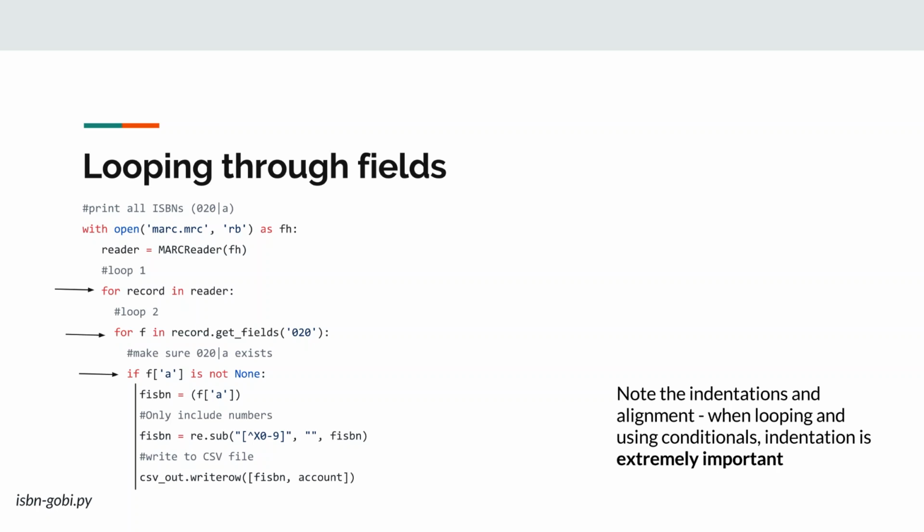So in this scenario, you're opening the file and you're storing that open file as F, FH, something like that. And then you're referencing it down here. So our MARC reader is acting upon our open file defined as FH. There's ways to write this that wouldn't use this exact statement, where you would just do reader as MARC reader, and within that parentheses you could have like open the MARC file or whatever.